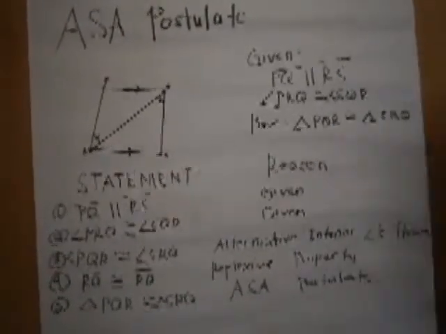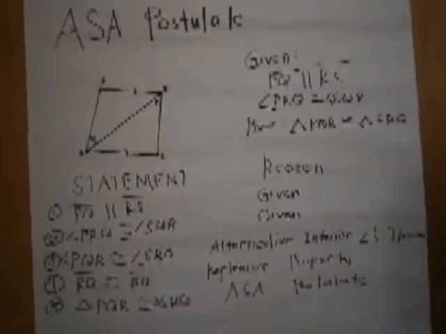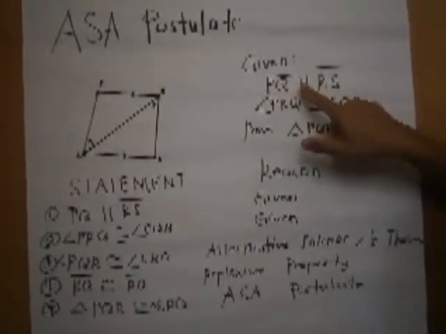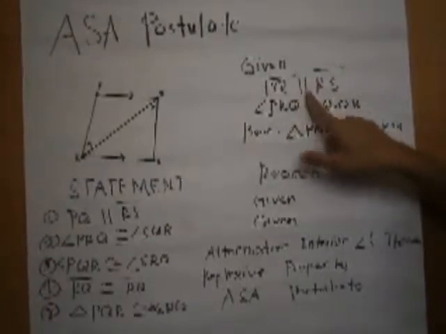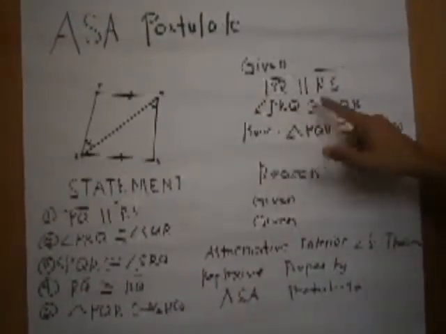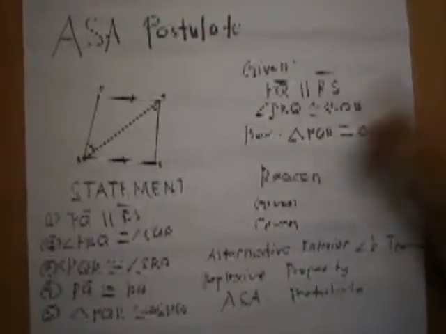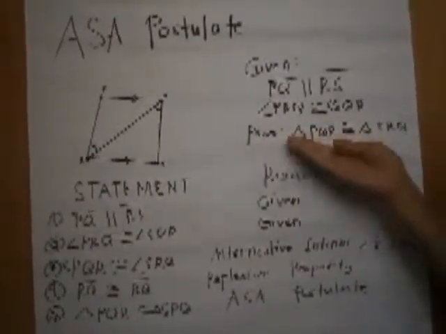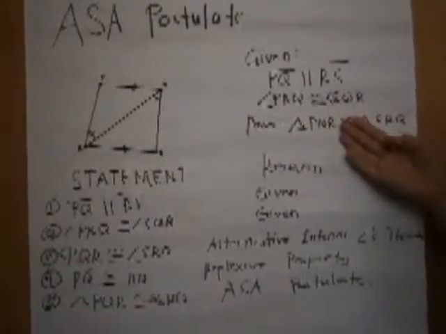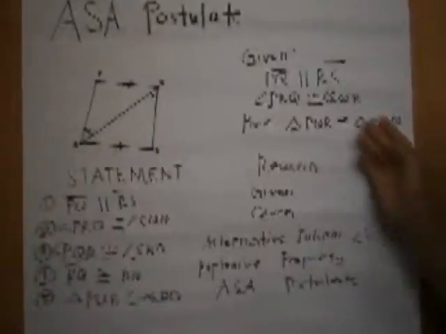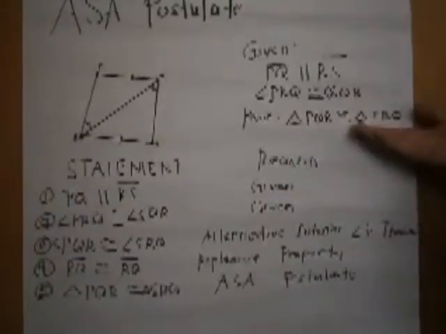And we have the given line PQ parallel to line RS and angle PRQ is congruent to angle SQR, and we have to prove that triangle PQR is congruent to triangle SRQ by using the ASA postulate.